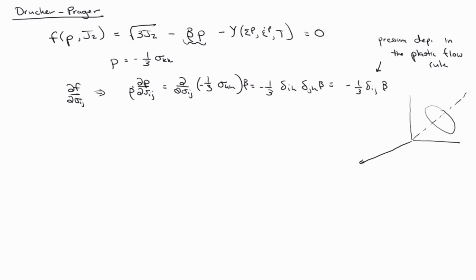So this is positive sigma 1, sigma 2, sigma 3. So anyway, we have the circle the same, and then we have a cone like this. And essentially the angle of this cone is a function of beta.